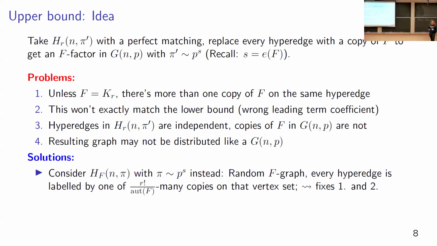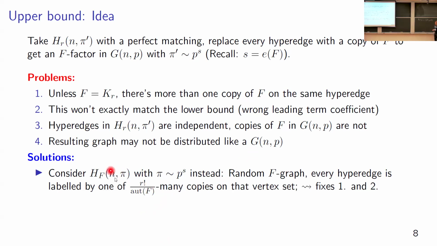However, you can kind of work around this. First of all, what we're doing is we're looking at H_F(n,pi), so this is a random F-graph. Think of this in the following way. On every set of r vertices, you're going to have r factorial divided by aut(F) many potential copies of F, and for each of these copies, you assign a hyperedge. This is potentially a multi-hypergraph.